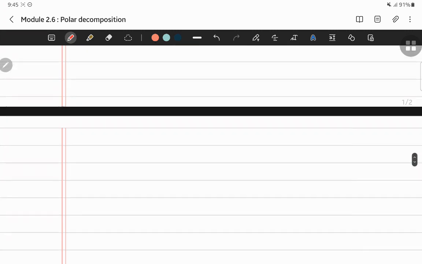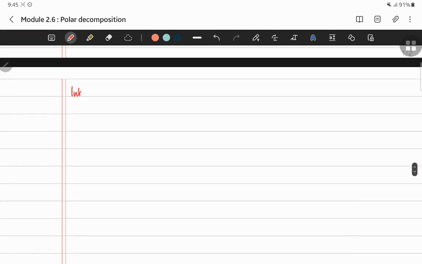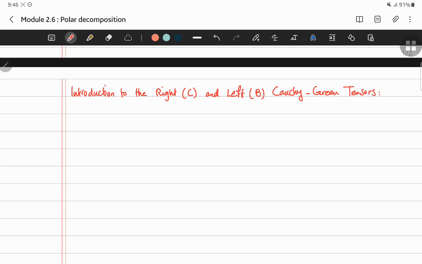All right. Next, we get to the introduction to the right C and left B Cauchy-Green tensors.